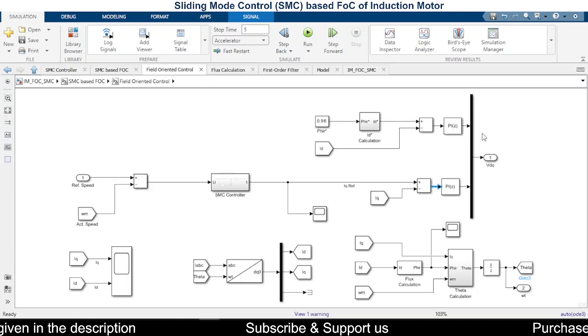To calculate the value of theta from ID and IQ, we need to do certain conversions. This ID has to be converted to a flux. This is the formula to derive the value of flux from the values of mutual inductance and direct axis current. The product of LM and ID will be passed through the low pass filter.